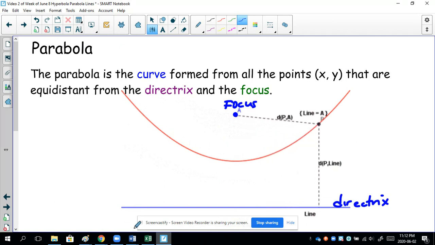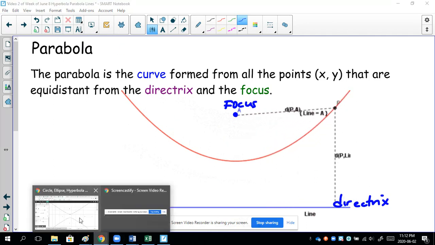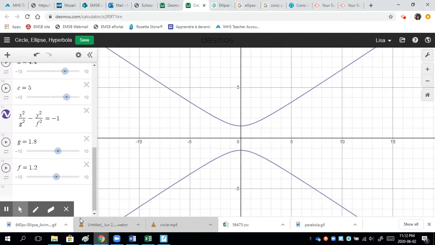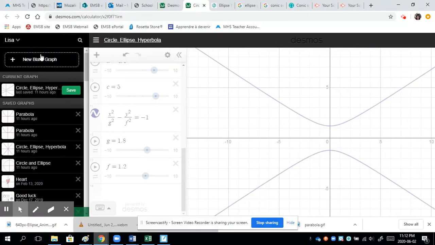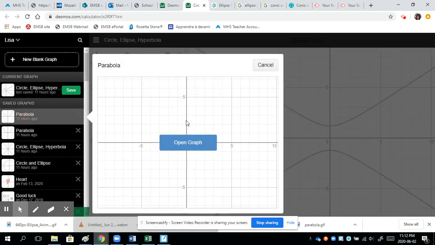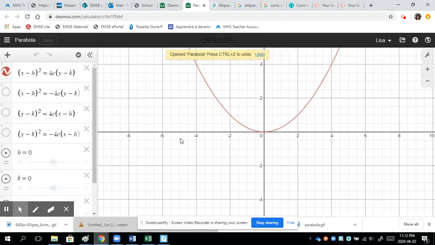Okay, so there are 4 possibilities for the parabola. They're all here.